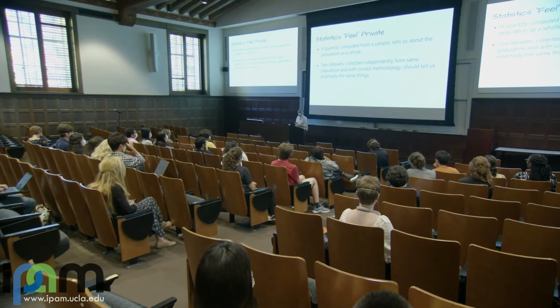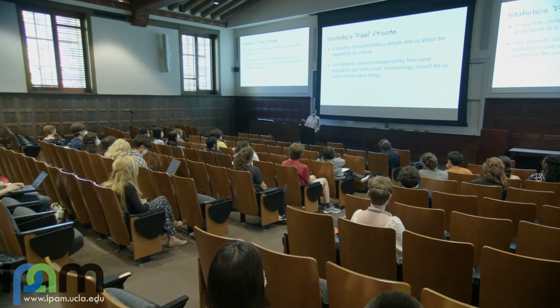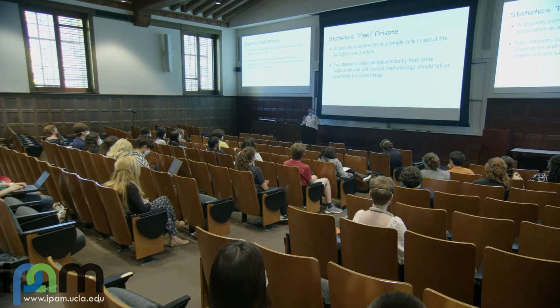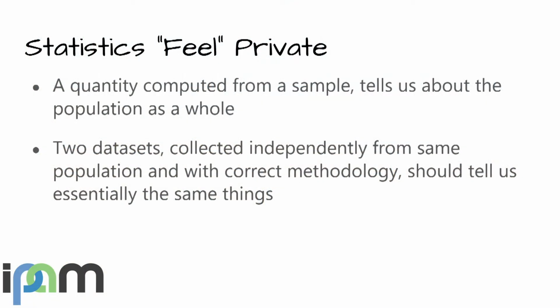So if we had two data sets that were collected independently, but using the correct statistical procedures, from the same large population, even if those data sets don't intersect, we expect that they're going to tell us the same things about the population from which they're drawn. Again, that is why the field of statistics works.